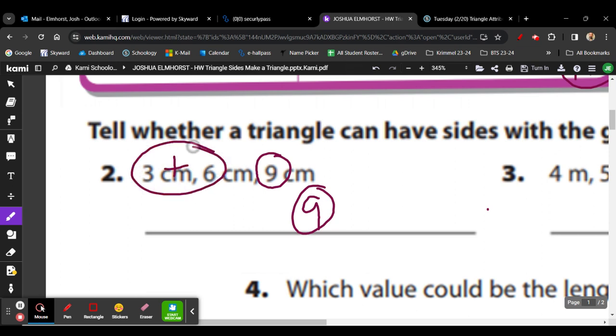So add up the other two sides. Is 9 greater than 9? Yes. Oh, no. It's not greater. It's equal to, but it's not greater. So it is not going to form a triangle. So this one is not a triangle, or just no.